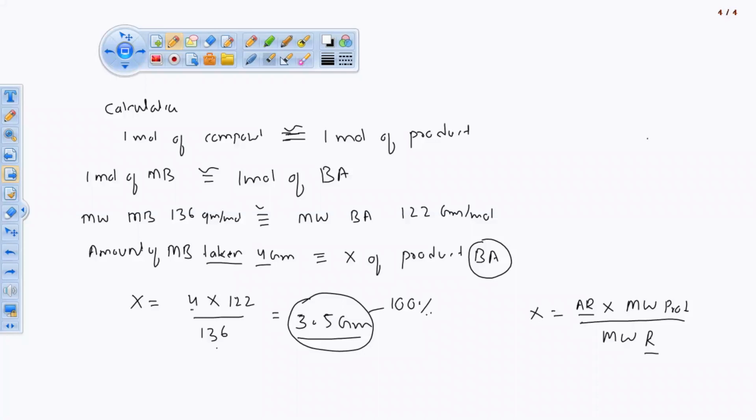अब अपनी प्रैक्टिकल यील्ड जो भी रहेगी, whatever practical yield we are getting, that should be within this range 3.5. It should not exceed 3.5, it should not go above 3.5. If it is like that, then it means that you have followed the proper protocol of experimentation.